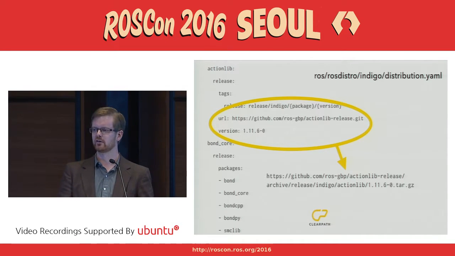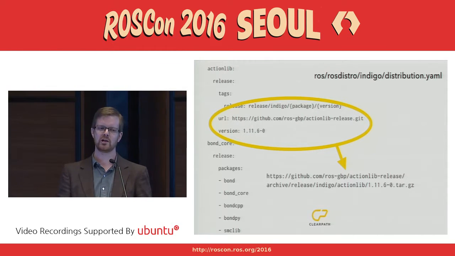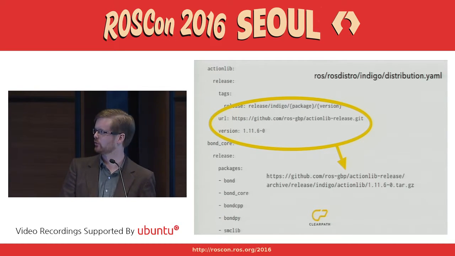There's no standard scheme for converting GitHub into a tarball, but downloading tarballs is crazy fast compared to actually cloning Git repos, particularly big Git repos. So we recently contributed an extension to ROS install generator that also supports Bitbucket and GitLab for this.